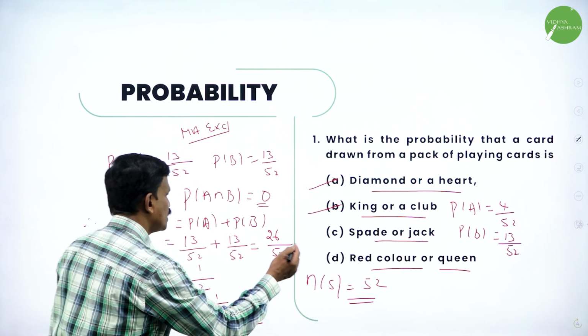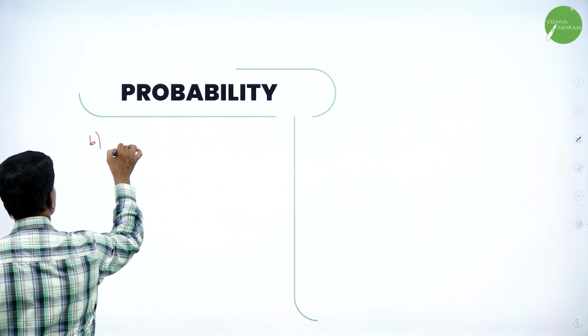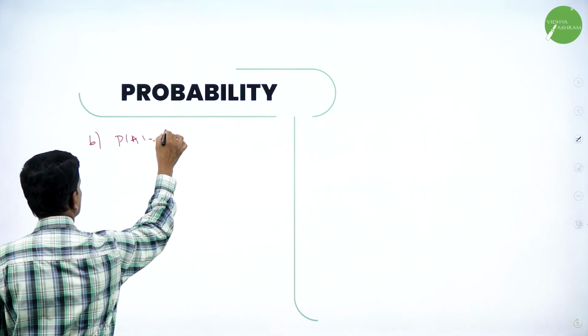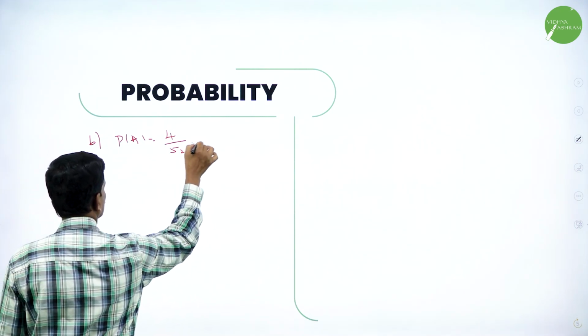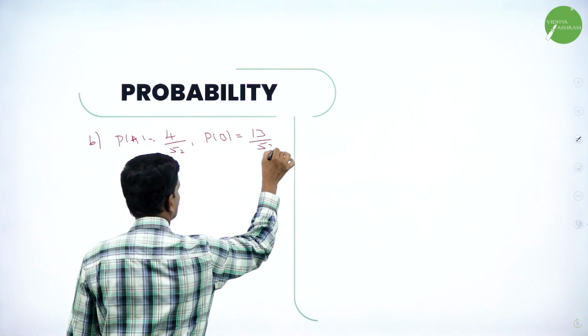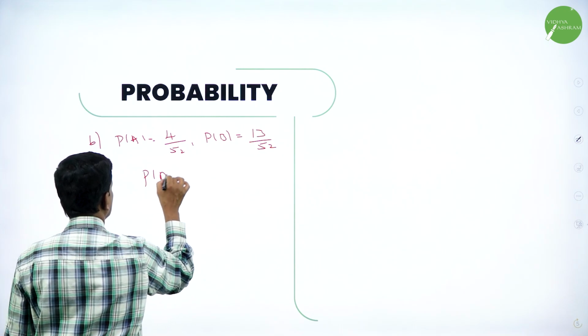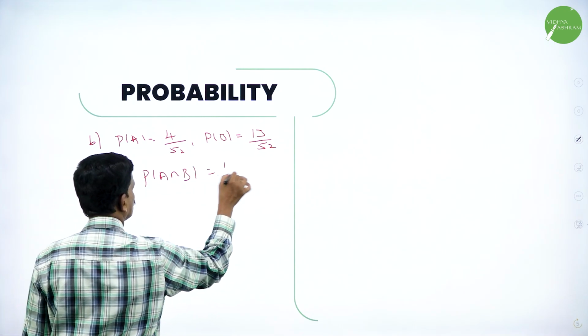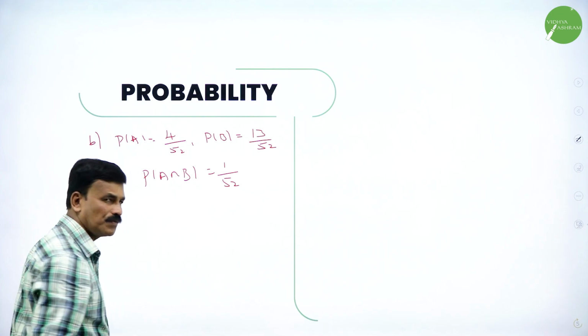Now move on to this. So the second one: the probability of a king is 4 divided by 52 and the probability of a club is equal to 13 divided by 52, and probability of A intersection B is equal to 1 divided by 52.